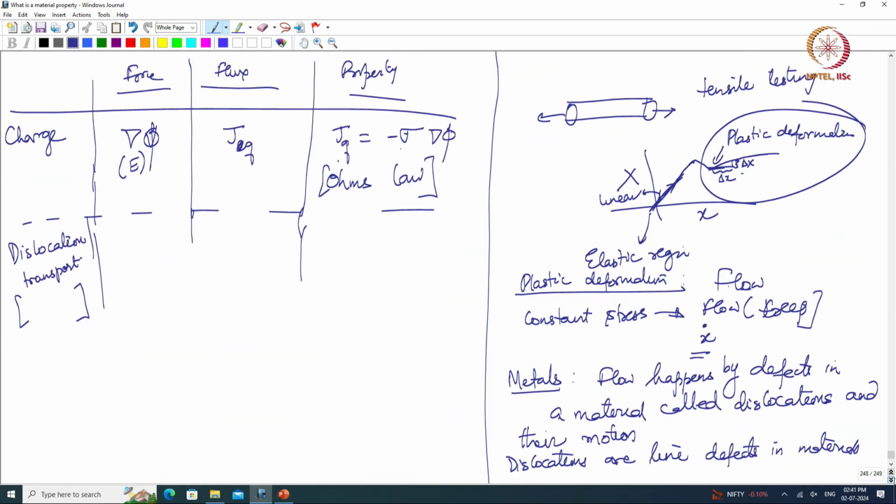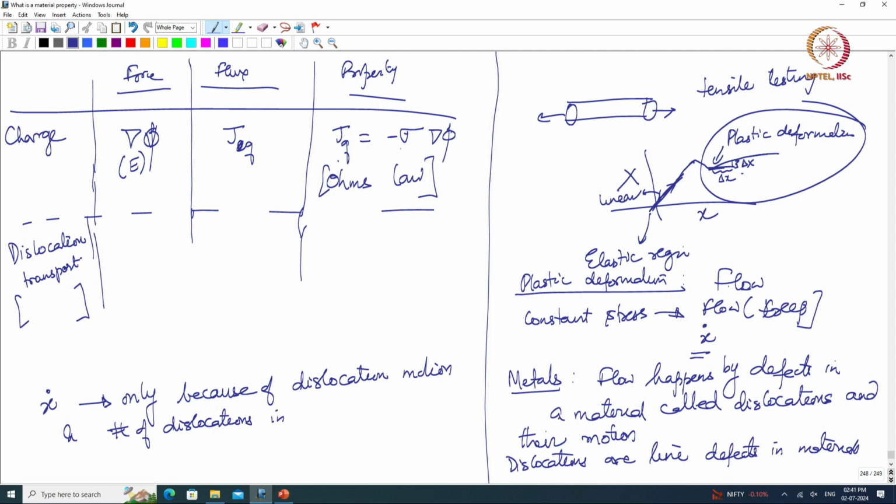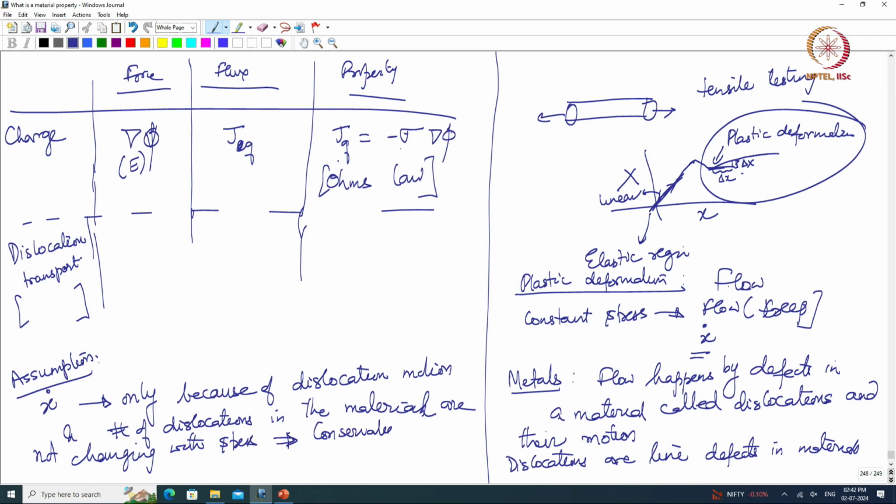Now, if I start assuming that strain rate is generated only because of dislocation motion, and the number of dislocations in the material is not changing, this is an assumption, which is nothing but I am saying conservation of number of dislocations, then I can apply the same principles, right.